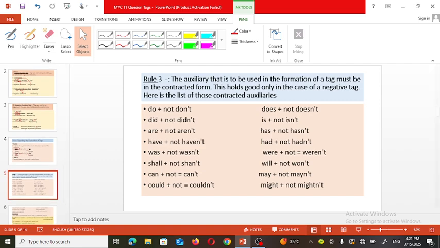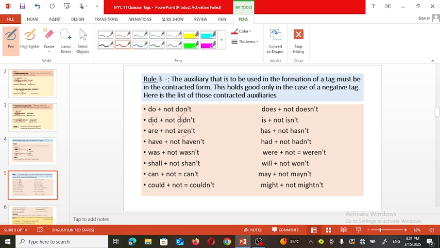Now see the next chart. Here you can see what should be used. Do plus not, don't. Did plus not, didn't. Are plus not, aren't. When the statement is in present tense, do or does is used along with the verb, so don't or doesn't.